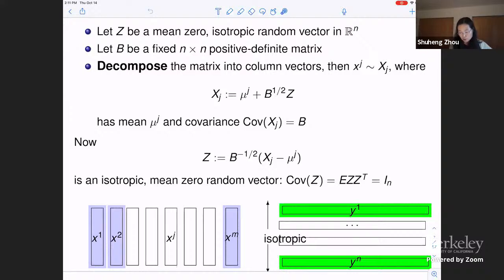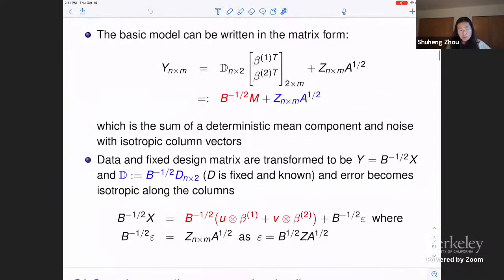That is, we have isotropic random vectors along each column for each gene, although along each row, they are still correlated because of the gene correlation. So put in the matrix form, this means we transform the original data X into Y such that the deterministic part becomes B^(-1/2) times the mean matrix, and then the noise part becomes independent for each column.